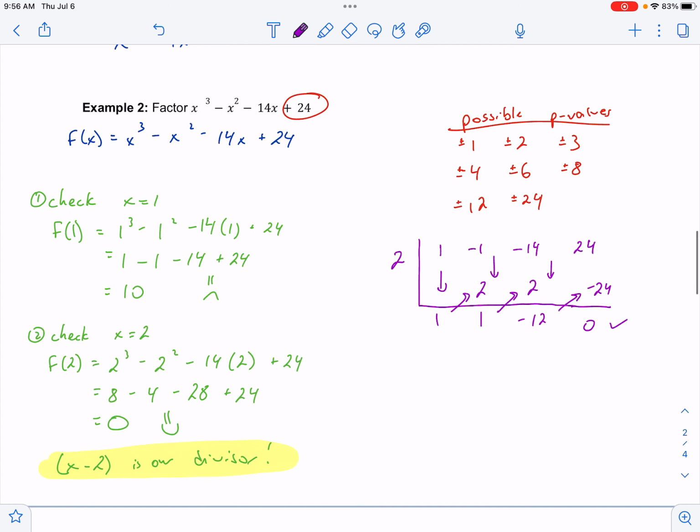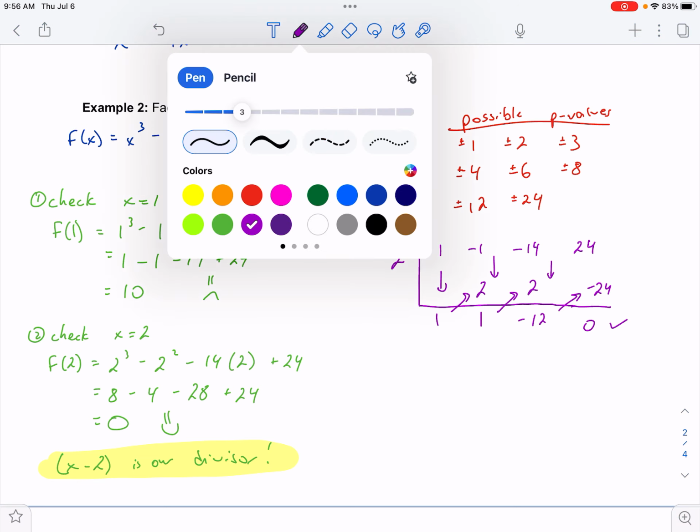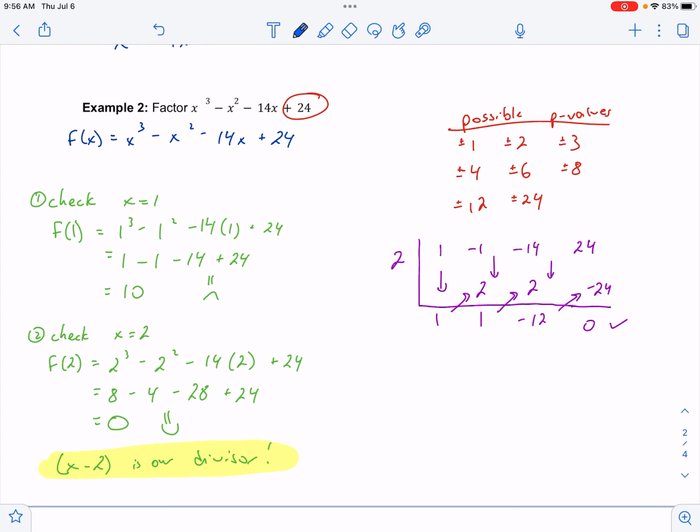And so our factored form, and I'm just going to write the factored form, is x minus 2 times x squared plus x minus 12. And then we ask ourselves, can we factor our quotient even further? Not using factor theorem, using your regular trinomial factoring strategies.